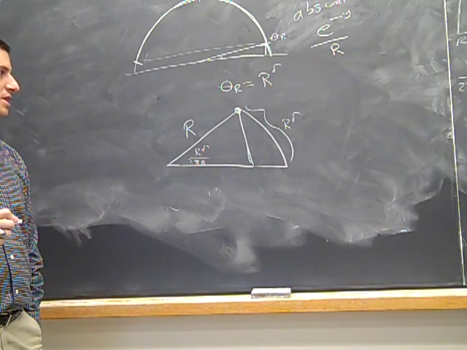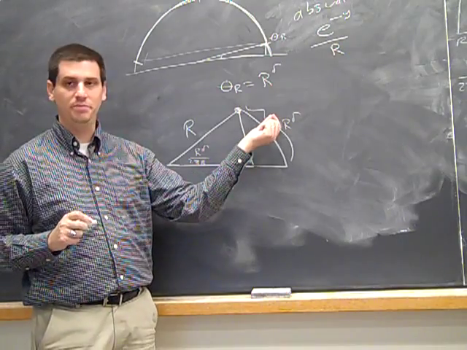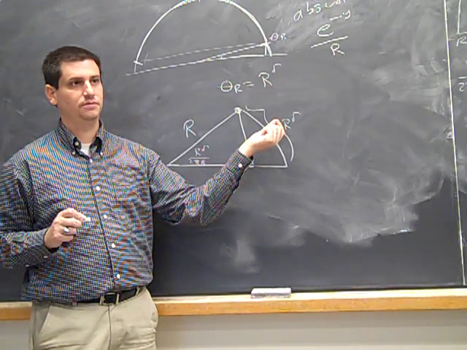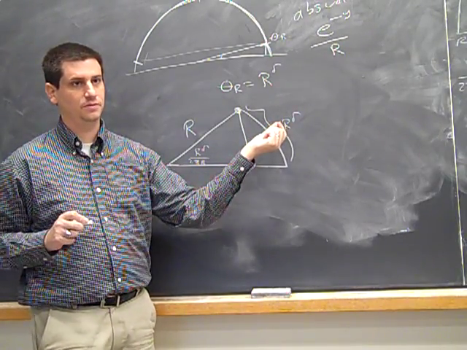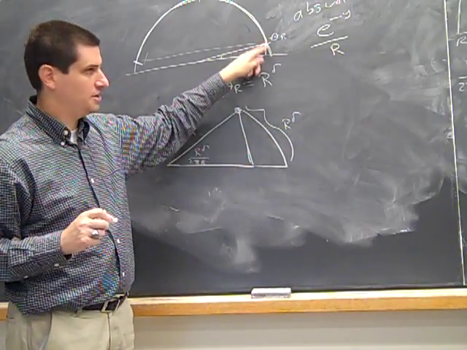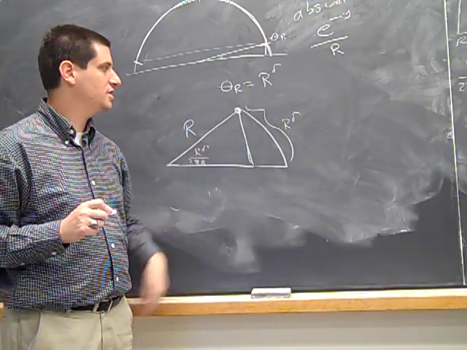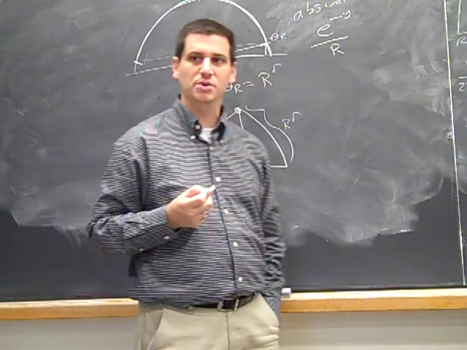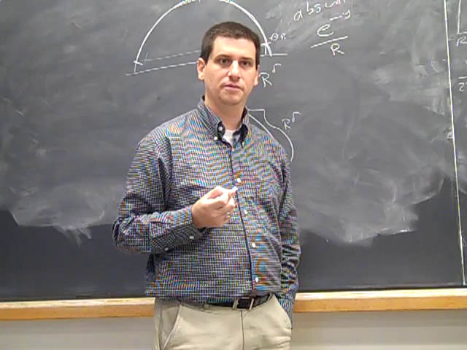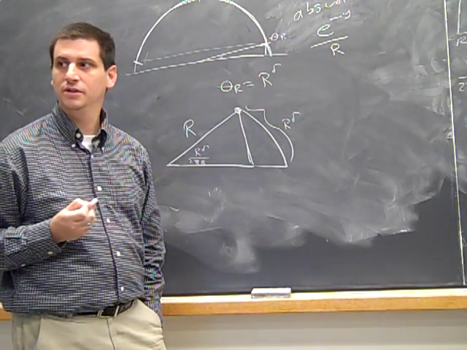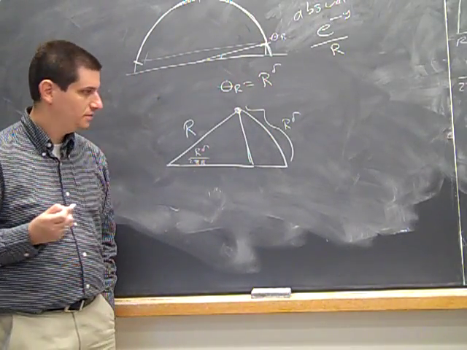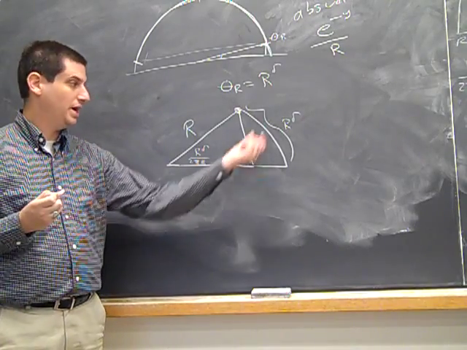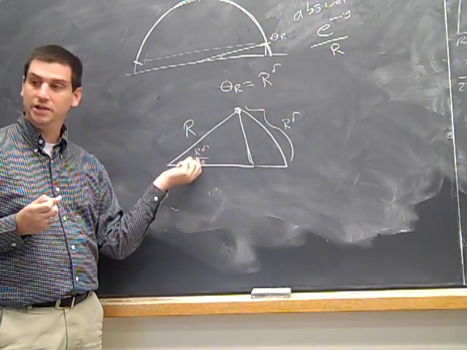This suggests maybe a slightly better choice. Instead of r to the delta, for the length of this arc, what could I do to make my algebra a little bit simpler? 2 pi, so that the 2 pi's would cancel.